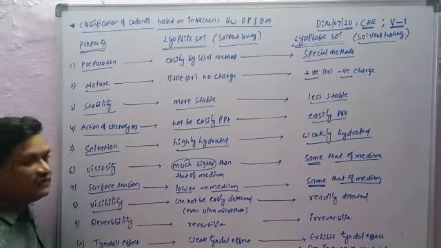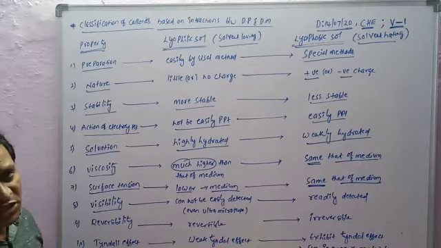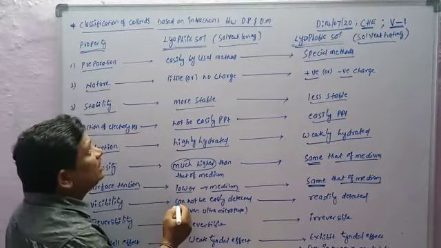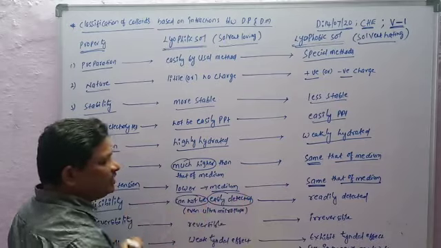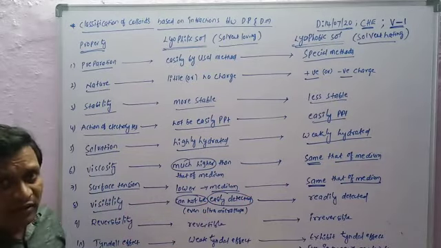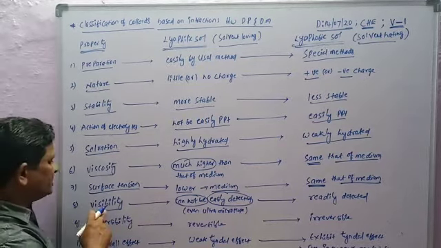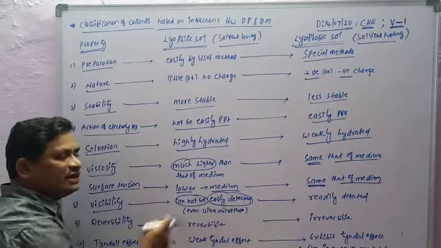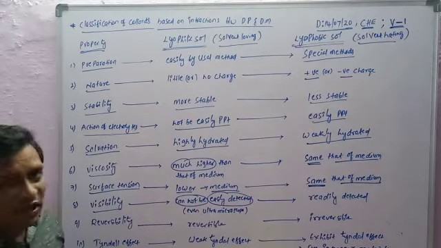Next one is visibility. Visibility means detecting nature. Lyophilic sols cannot be easily detected, not even under an ultra microscope.